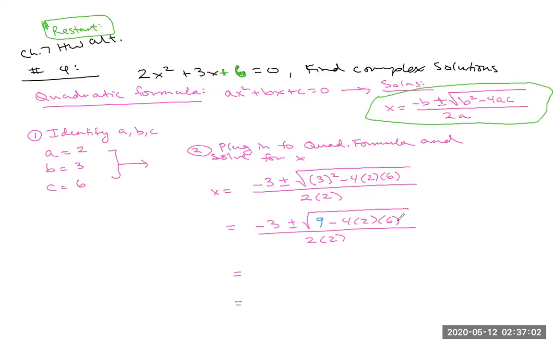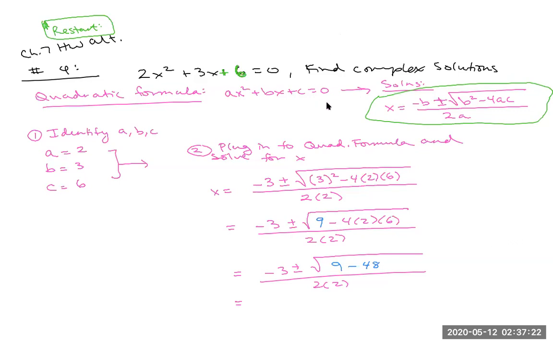And then we are going to bring down the -3 plus minus. We have our square root, our 2 times 2 on the bottom, and we have 9 minus 48.